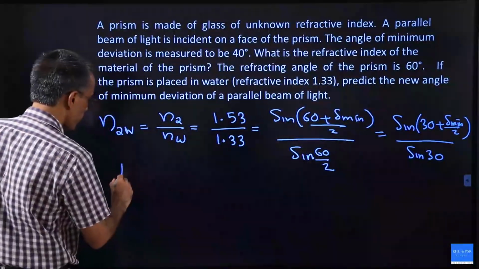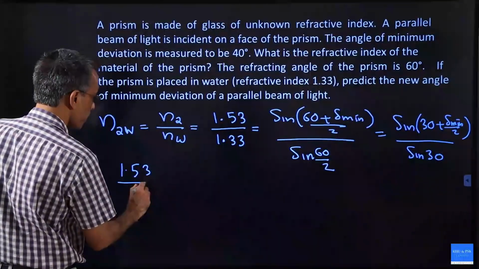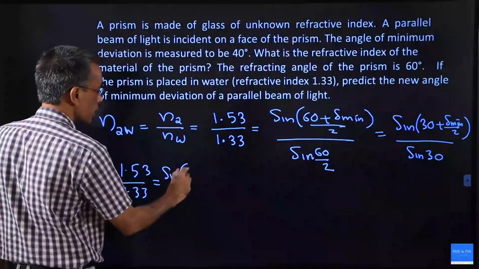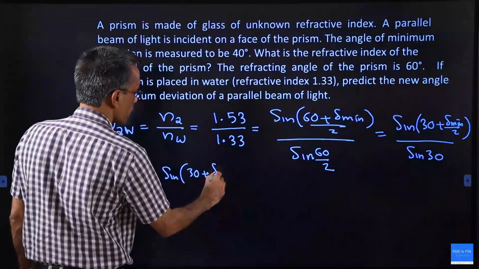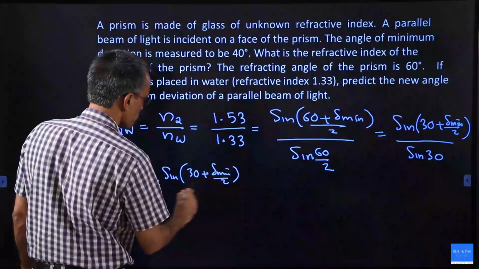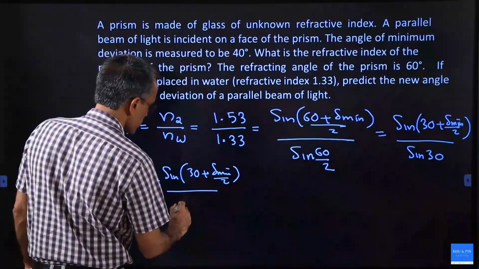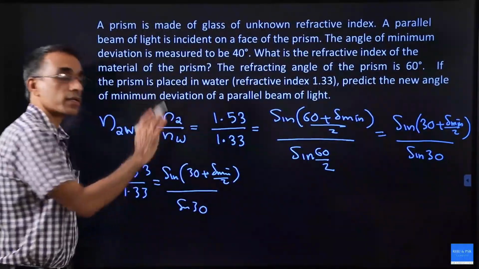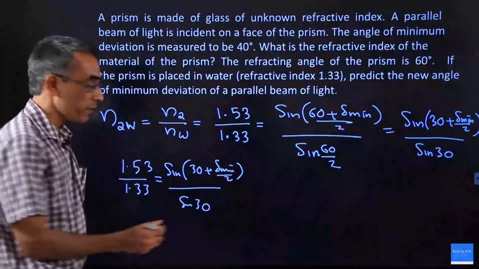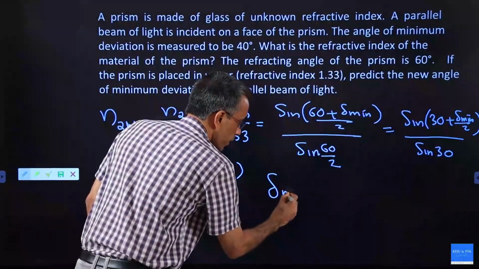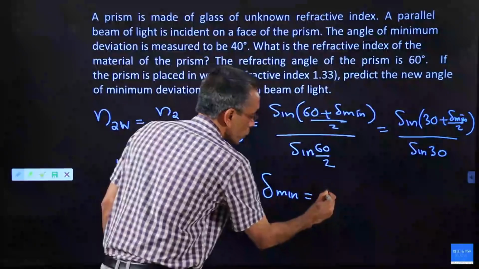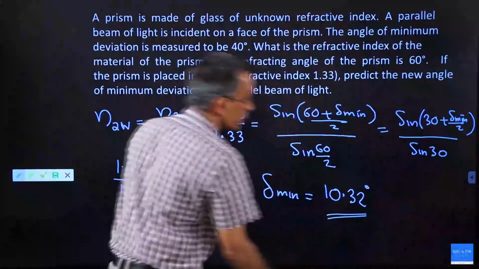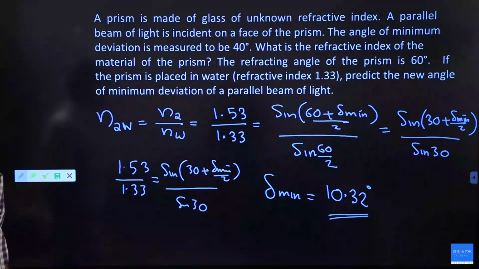So 1.53 by 1.33 is equal to sine of (30 plus delta minimum by 2) divided by sine 30. From this we can calculate delta minimum. Solving this, you will get delta minimum equal to 10.32 degree. So that will be the new angle of minimum deviation.